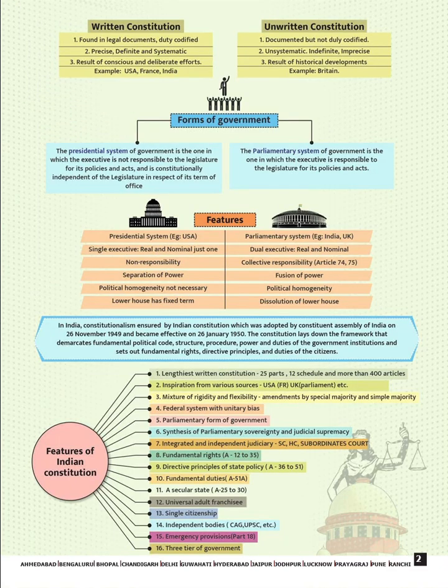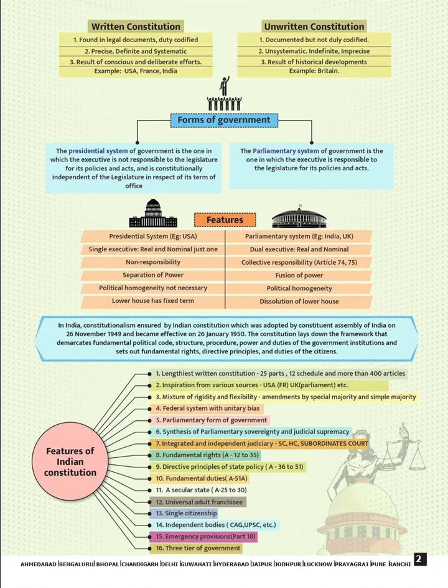Okay, so written constitution and non-written constitution. What is the difference between them? The written constitution is the one found in legal documents, duly codified, and the non-written constitution is documented but not duly codified.